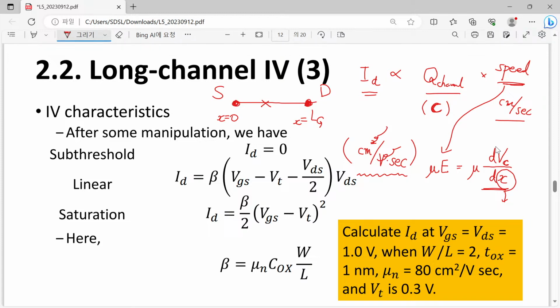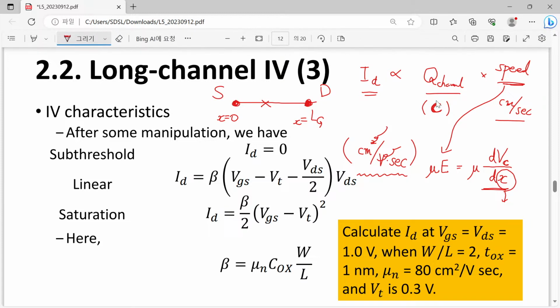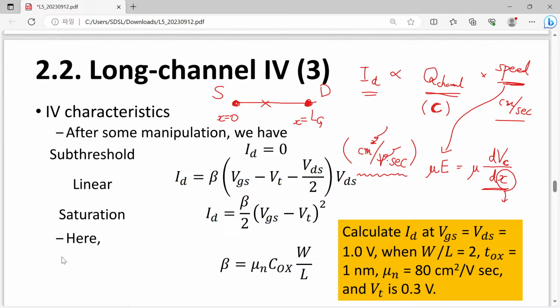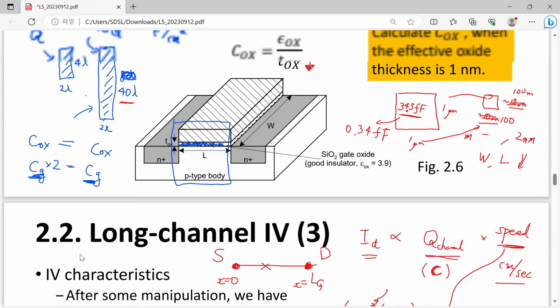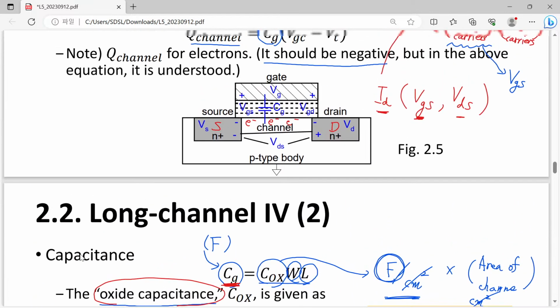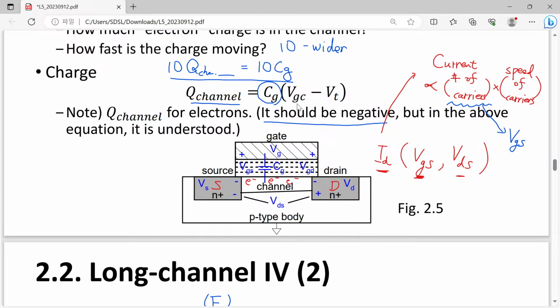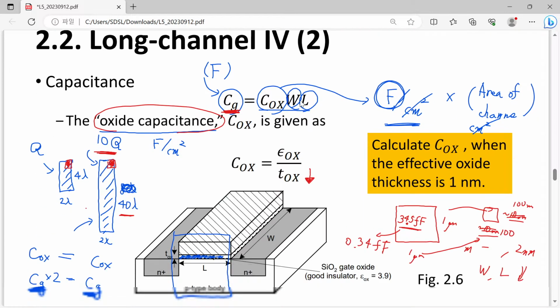Now consider this product, Q times speed. How does it look? Without many leading coefficients, we will have something like this. We have VGS minus VT. This is terminal-wise, but please have a look at it. Now we have the difference between VG with reference to the channel.